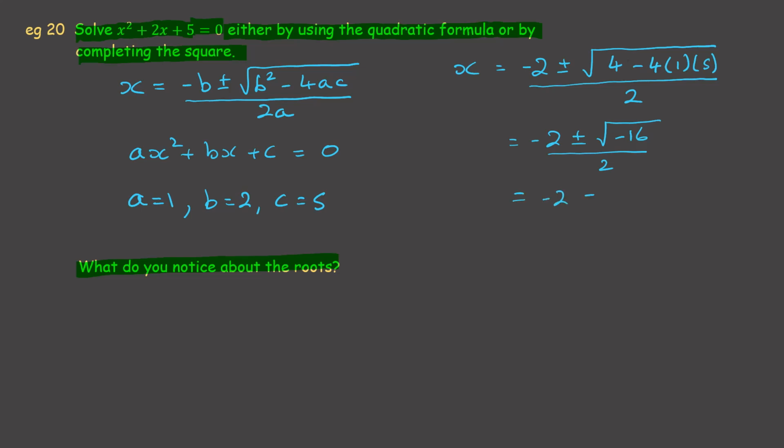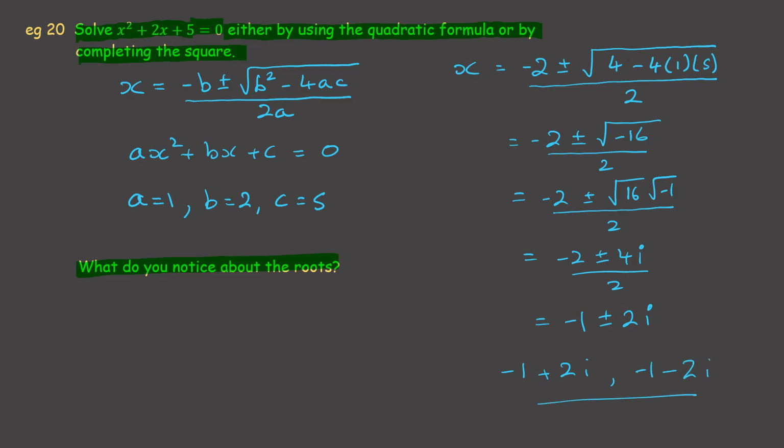That's negative 2 plus or minus the square root of 16 times the square root of negative 1, divided by 2. Negative 2 plus or minus 4i divided by 2, which is negative 1 plus or minus 2i. So our roots are negative 1 plus 2i, and negative 1 take away 2i.